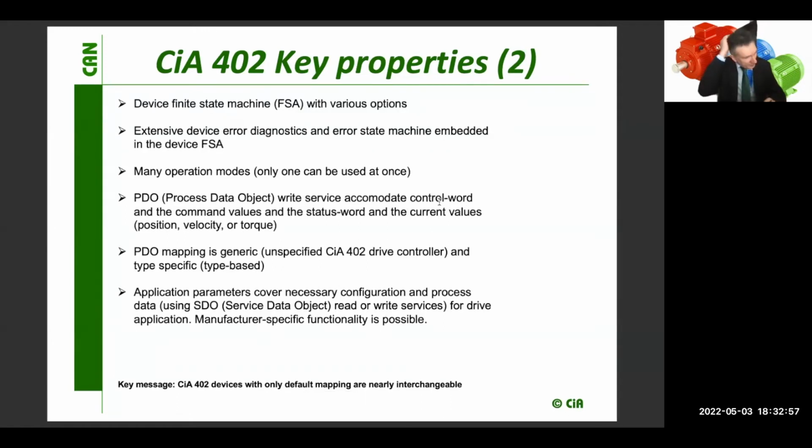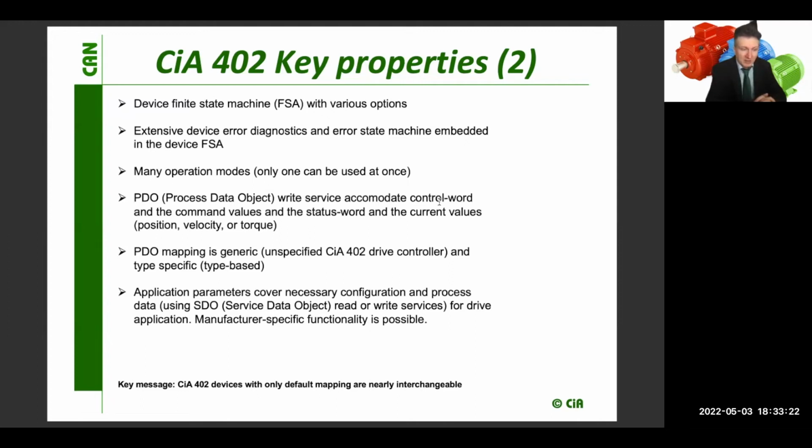Second key properties, let's go into details. The state machine of the device itself has various options. You have all the flexibility you need to do so. There is extensive diagnostics provided in the specification. You could have access to special parameters and get information on what is going on.